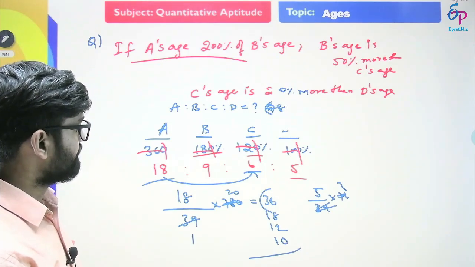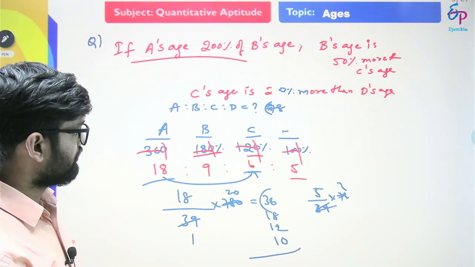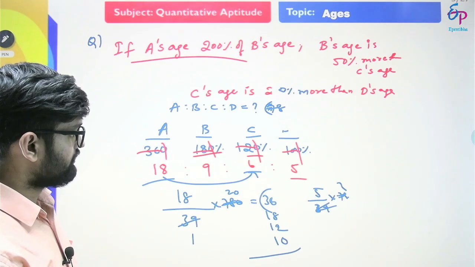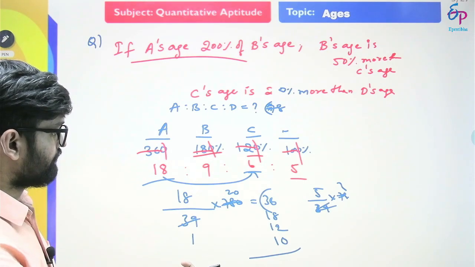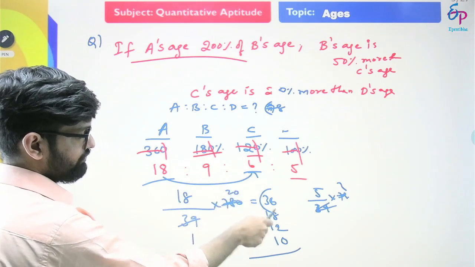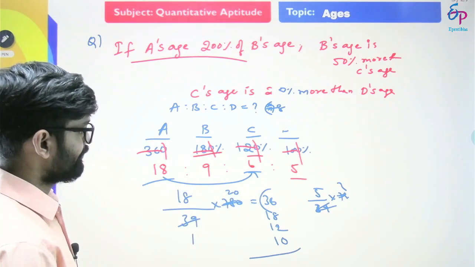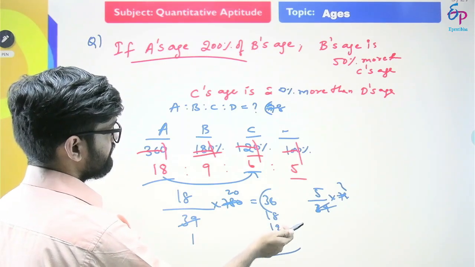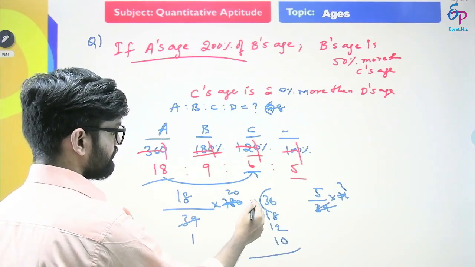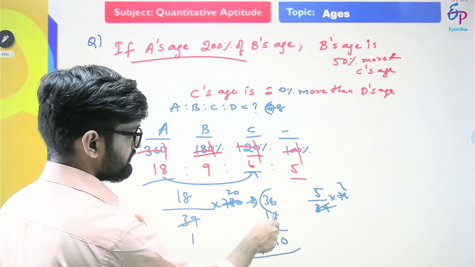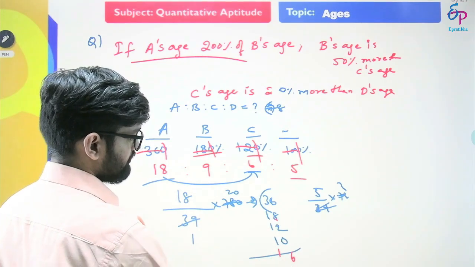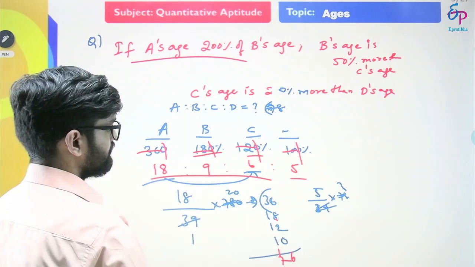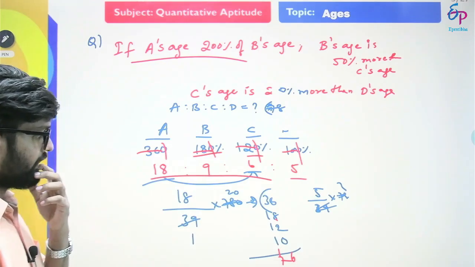Oh, we are not getting. Somewhere I have done wrong. It should be 76, right? Okay, calculation you can do later. This is 10, this is 16, and the total is 76. I have calculated it wrong.